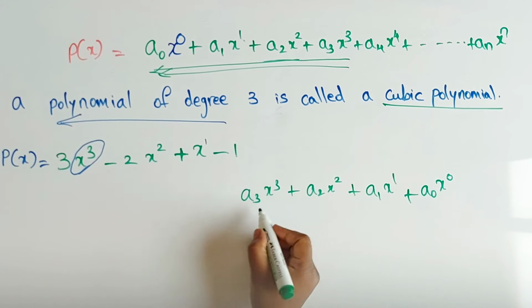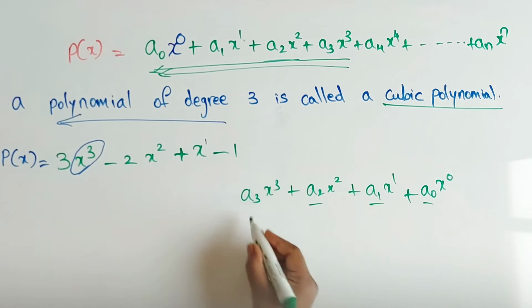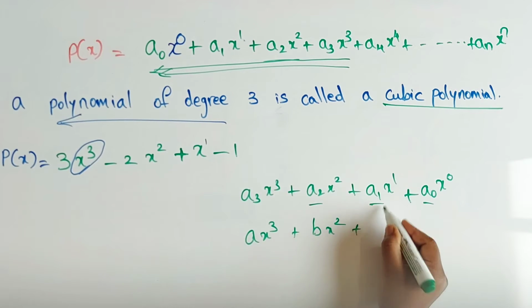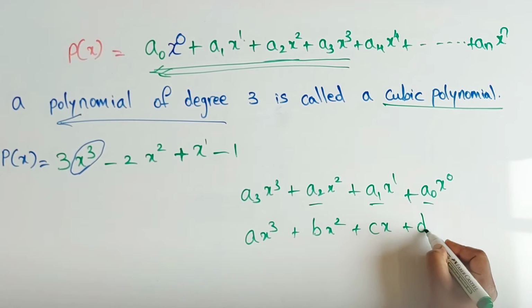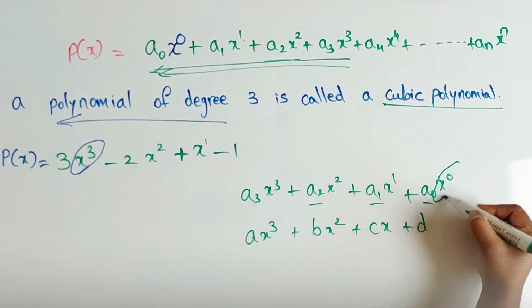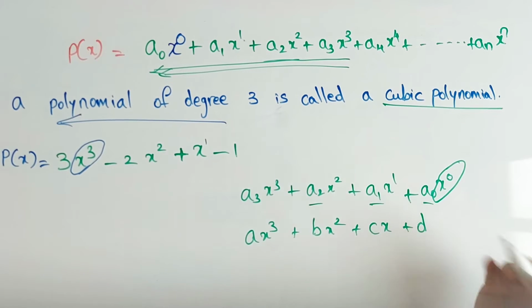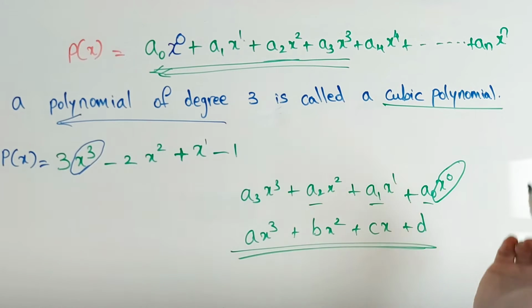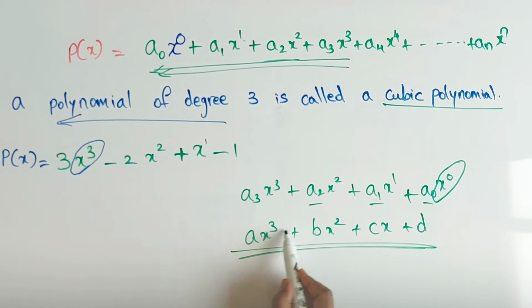For our convenience we will change these letters: ax cube plus bx square plus cx plus d, children. Here x power 0 is 1, so I am writing directly d. So ax cube plus bx square plus cx plus d is a cubic polynomial because the highest degree is 3 here. Correct, children?